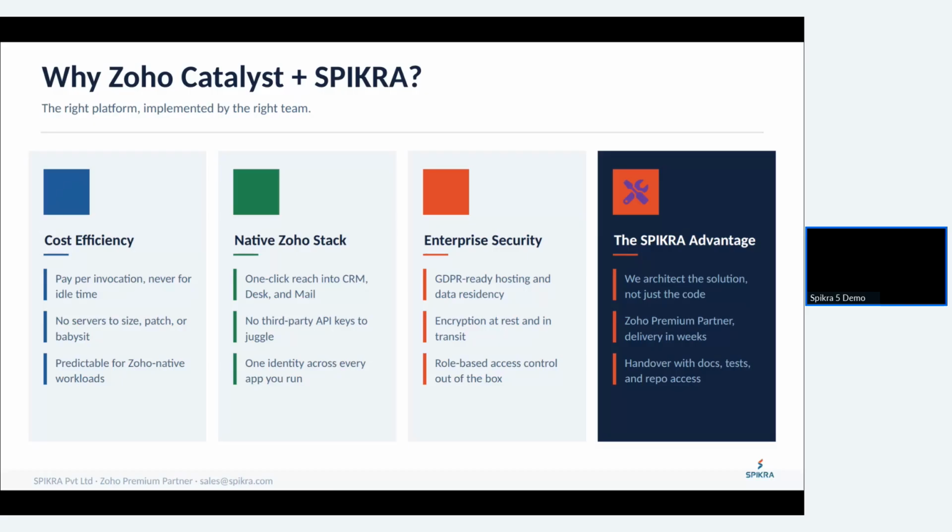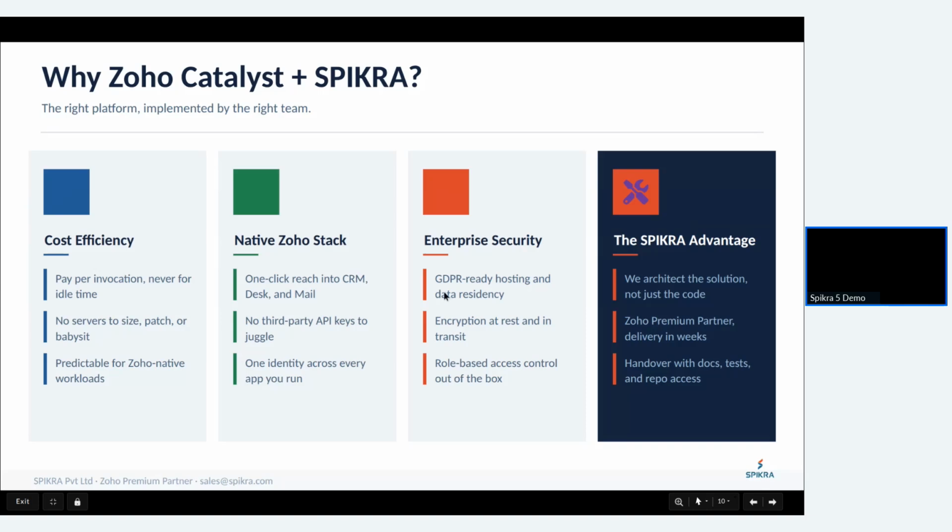So you don't have to use any third-party middleware in order to connect those services. And you can use one identity across all of your apps. So suppose you have a Zoho One account, you can use the same identity to log in to Zoho Catalyst as well.